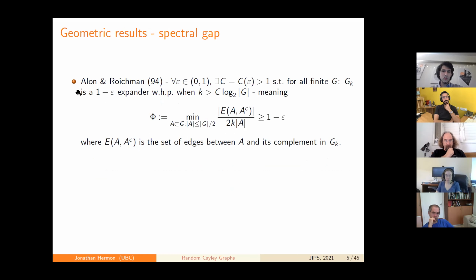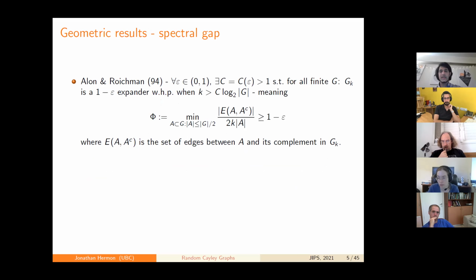One celebrated result about random Cayley graphs is the Alon-Roichman theorem, which tells you that for all groups, if we take the number of generators K to be at least logarithmic in the size of the group, then with high probability we get an expander.